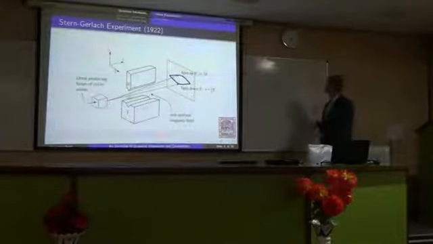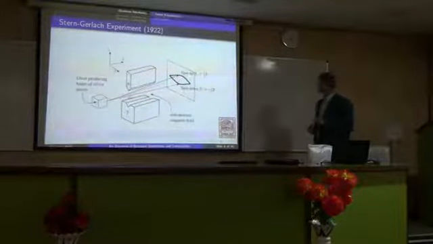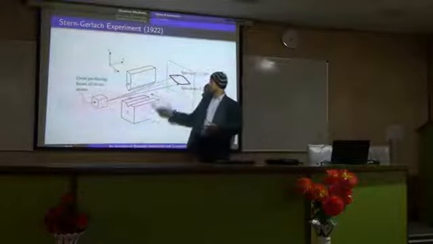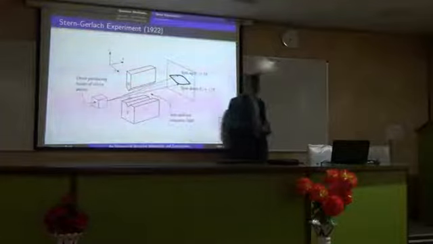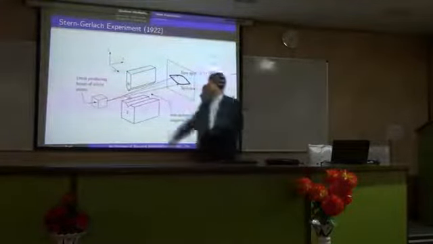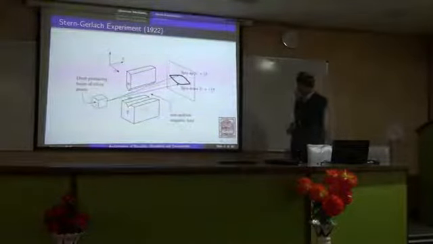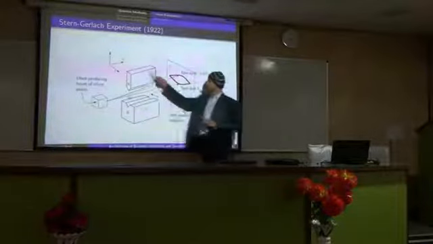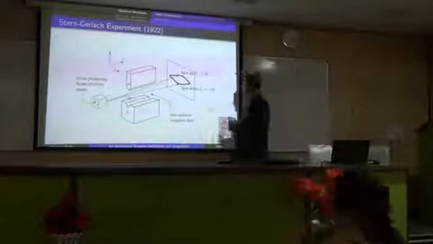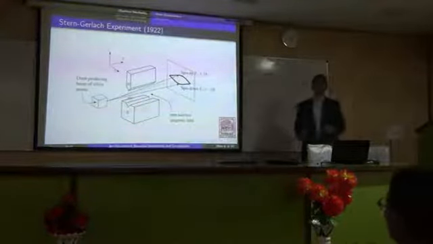Okay, so another interesting experiment that dates back to 1922 is the Stern-Gerlach experiment. Again, the arrangement is quite simple. We have a magnetic field applied vertically along the path. We have a source of silver atoms, and this vertical magnetic field is non-uniform, that means the gradient is different at different points in space.